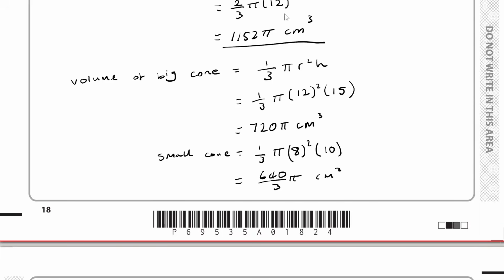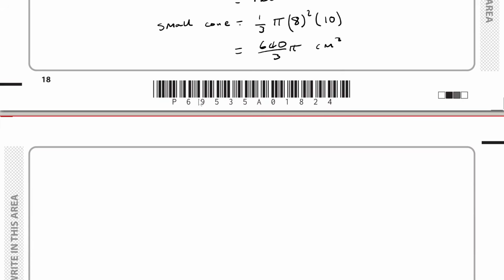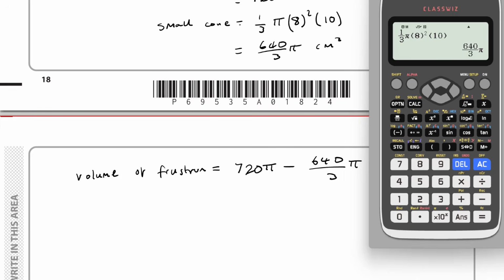So the frustum is the volume of the big cone, take away the volume of the small cone. The volume of the frustum is 720 pi, take away 640/3 pi. So it's the one we saved as B, take away our last answer, and that gets us to 1,520/3 pi.